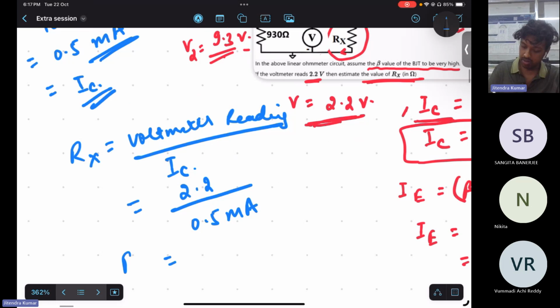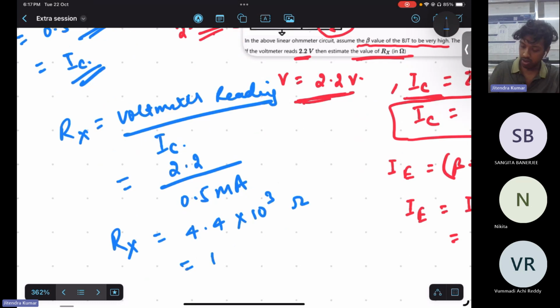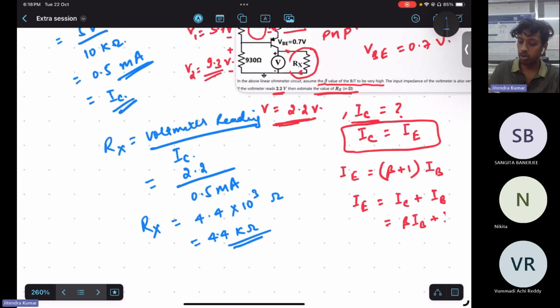So Rx will be how much? 4.4 into 10 raised to power 3, so 4400 ohm, 4.4 kilo ohm. Okay, is there any doubt in this question?